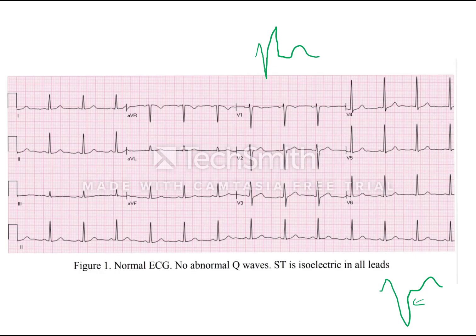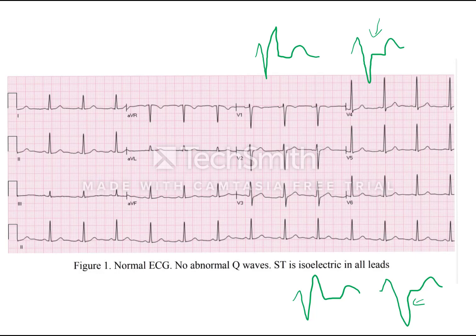The alternative being if you have late negative forces in V1 and late positive forces in lead V6, that would imply a left bundle branch block morphology.